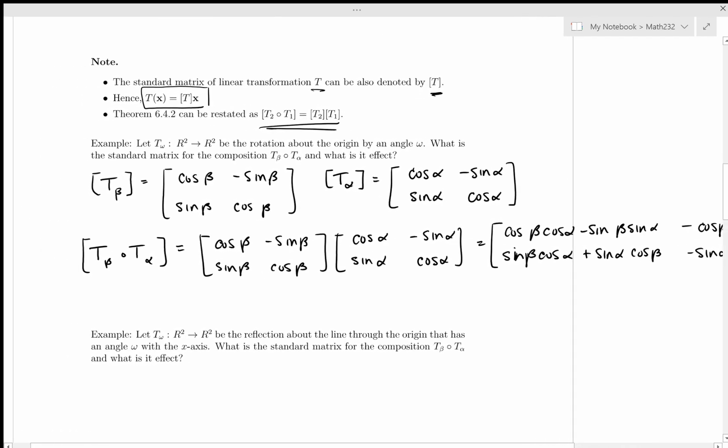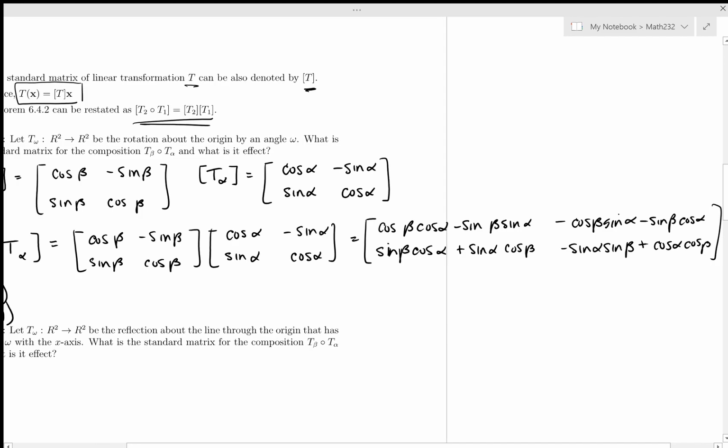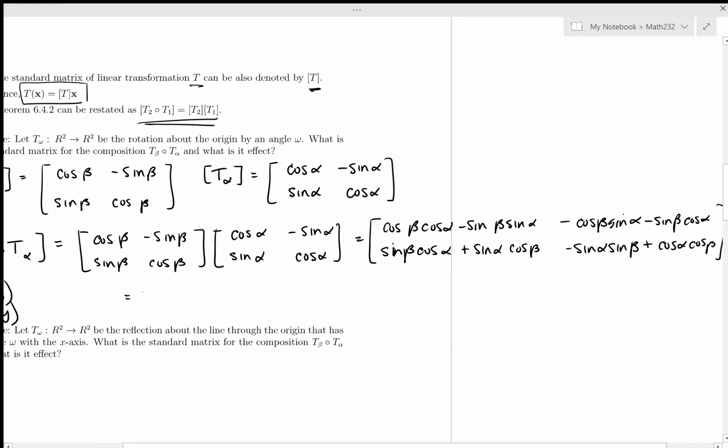Okay, then you will recall the trig identities for cos of x plus y and sine of x plus y. We are going to use those trig identities right here to write this like this: cosine of alpha plus beta, minus sine of alpha plus beta, sine of alpha plus beta, and cosine of alpha plus beta.